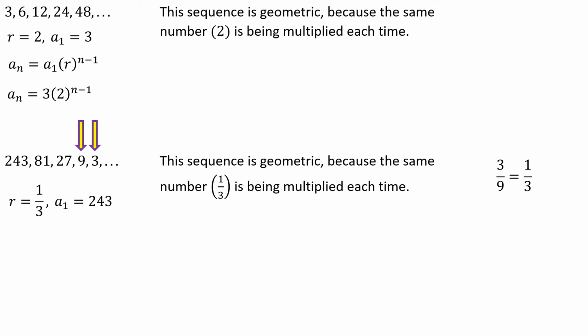The first number in the list is 243. I write down my equation. The nth term equals the first term times the ratio to the n minus 1 power. A sub 1 is 243. Ratio is 1/3. And again, I am done. That will not simplify. That's the answer.